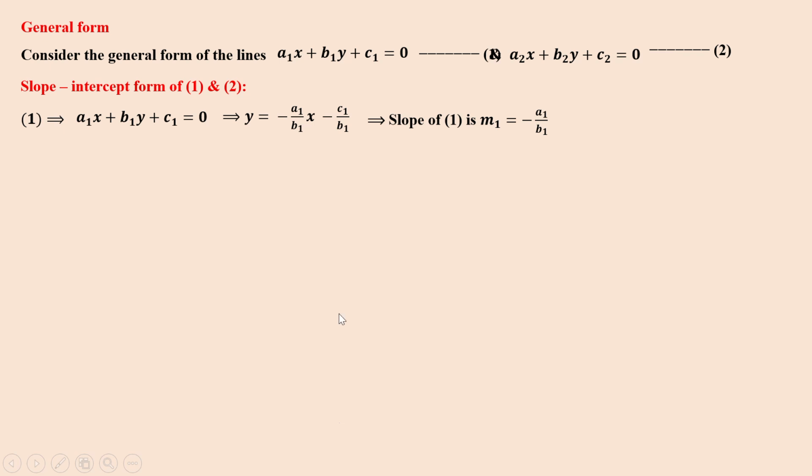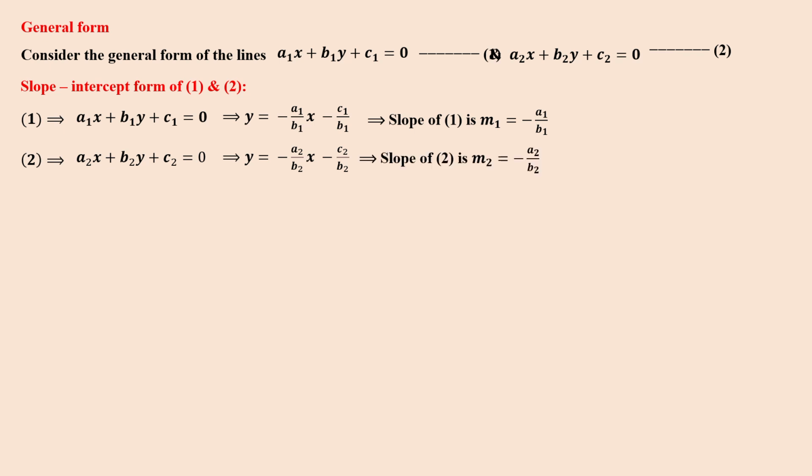So slope of 1 is m1 equal to minus a1 by b1, and similarly 2: a2x plus b2y plus c2 equal to 0 can be written in slope intercept form as y is equal to minus a2 by b2 x minus c2 by b2. Slope of the second equation is m2 is equal to minus a2 by b2.